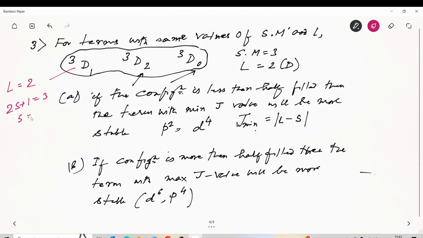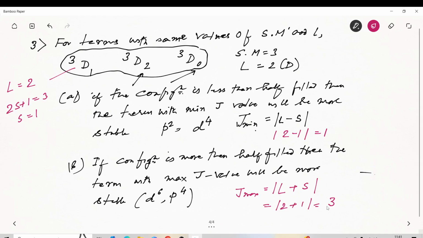So S equals 1. J min will be 2 minus 1, which is 1. And J max is given by L plus S, which is 2 plus 1, 3. So this is the maximum value of J.